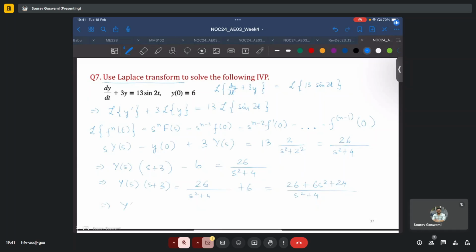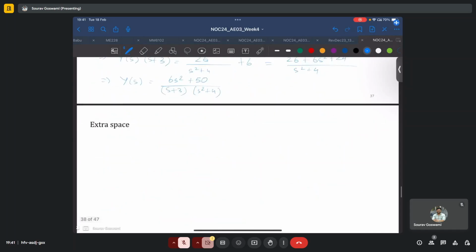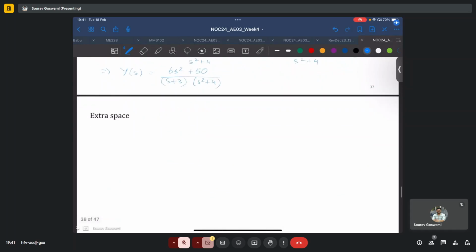And finally, this will imply that y of s, 26 plus 24 is 50, is 6s square plus 50 by s plus 3 times s square plus 4. Again, we must decompose this into partial fractions to be able to proceed.